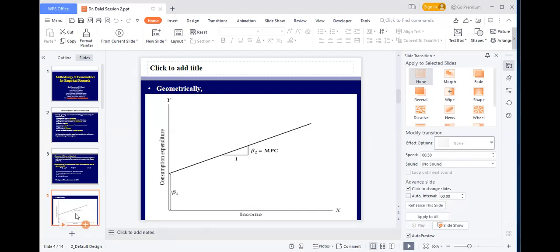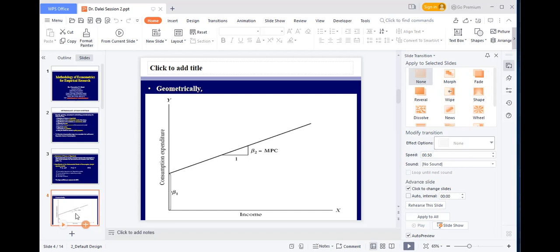In this diagram also you can see that on the x-axis, when income is increasing by 1 unit, how much is consumption increasing? Consumption is increasing by beta 2 units. That beta 2 is nothing but your MPC, the delta change in consumption expenditure due to change in income.